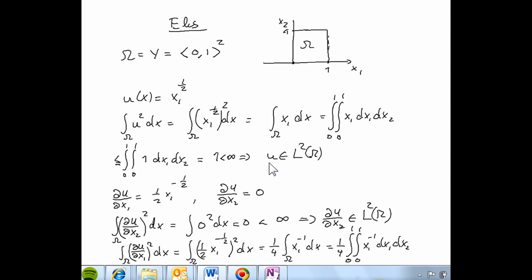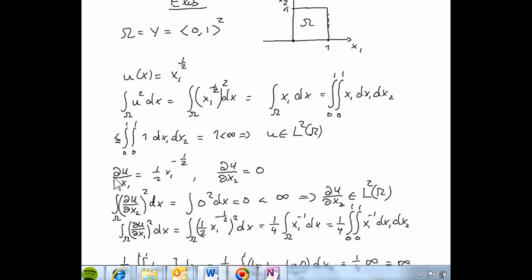However, let's prove that it's not a Sobolev function. How can we do this? Well, we take the partial derivative of u with respect to x1. Remember that u is equal to the square root of x1, and taking the derivative with respect to x1, we obtain that the derivative is equal to 1/2 of x1 to the power minus 1/2.